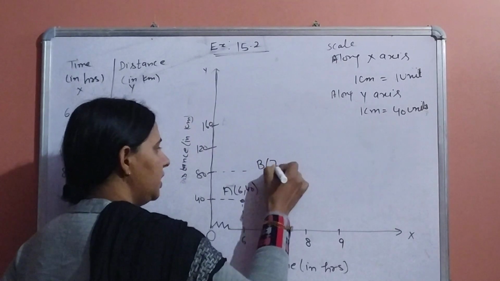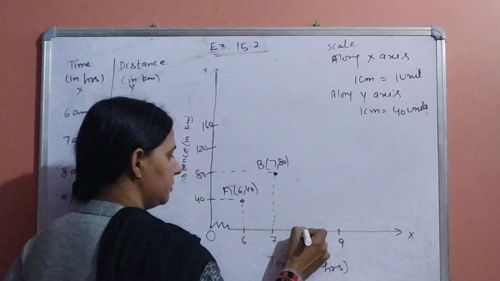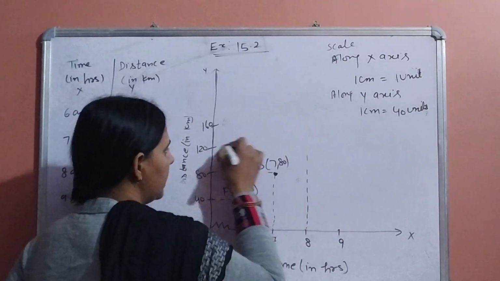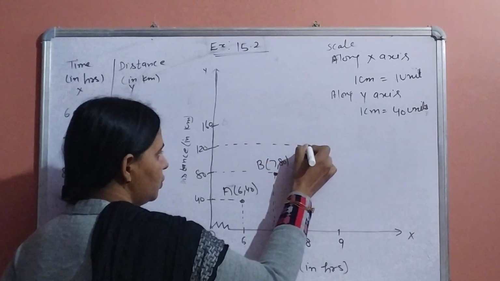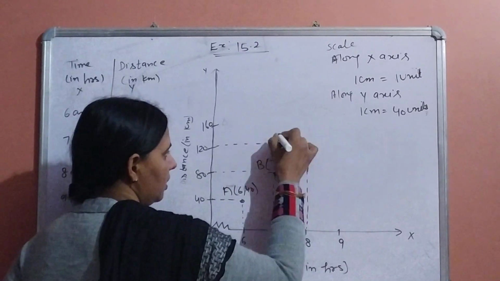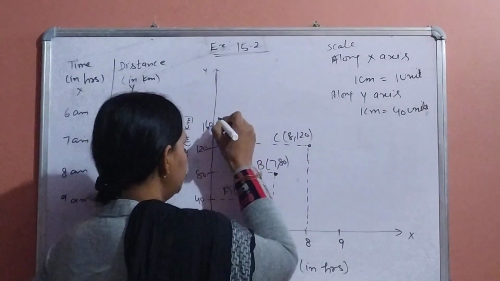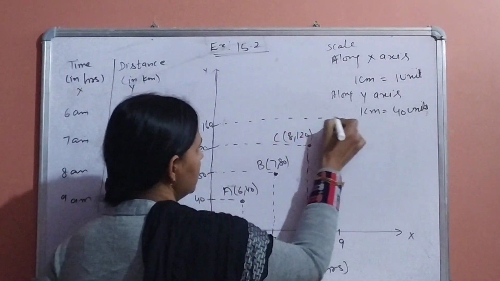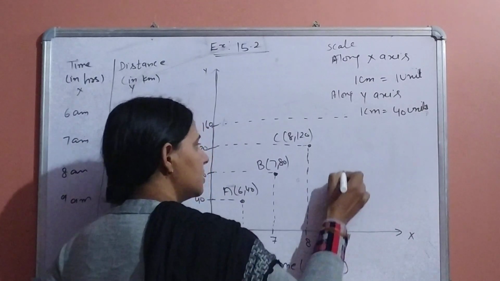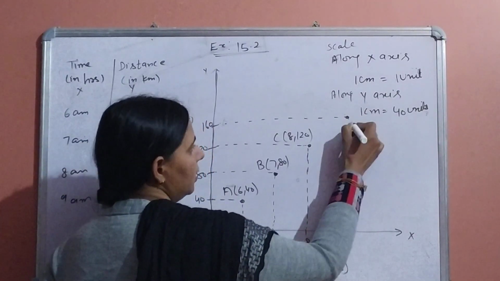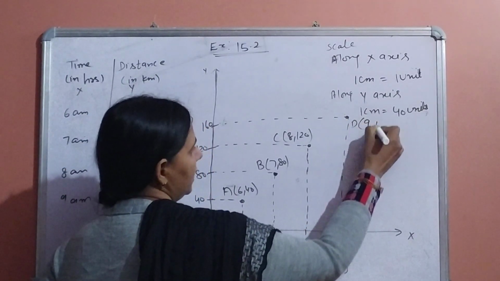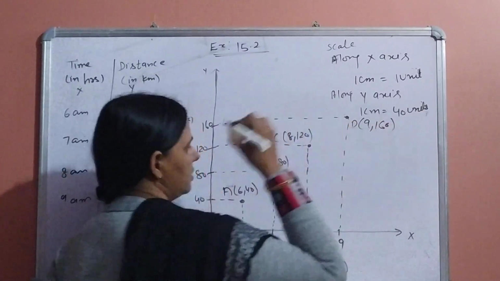So this is point B, (7, 80). Next is 8 and 120, point C, x is 8 and y is 120. And when x is 9, y is 160. So this will be point D, (9, 160).